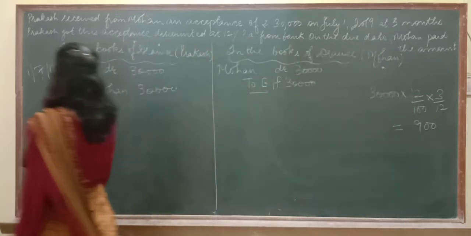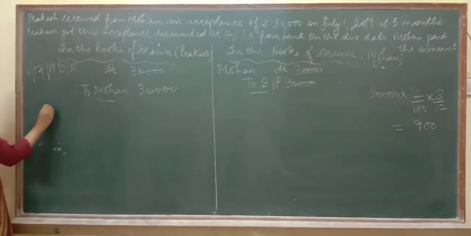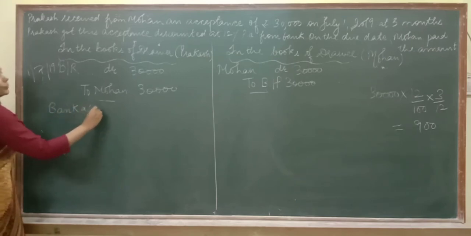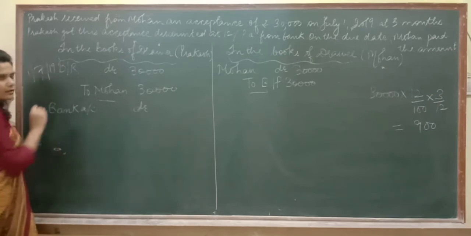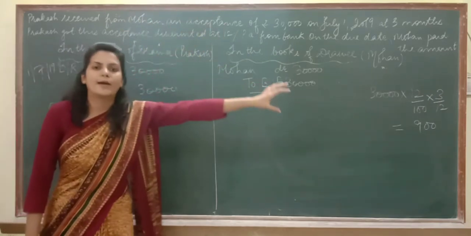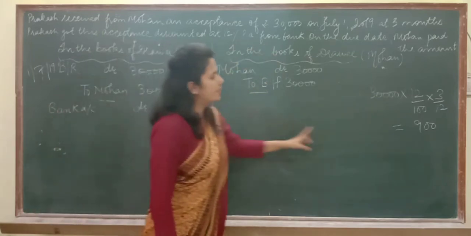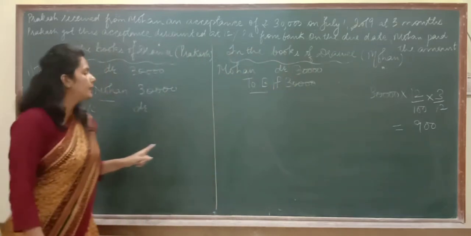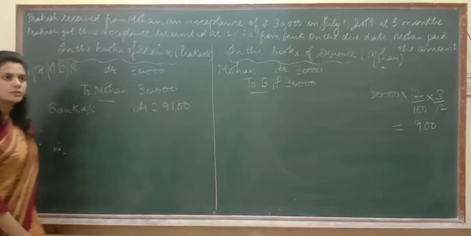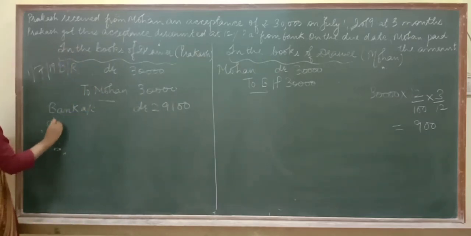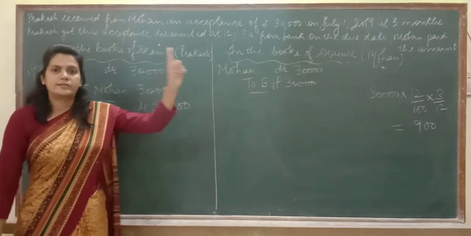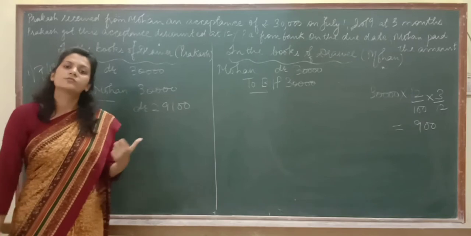Now, as Prakash has given this bill to the bank, the money has come into Prakash's business, so bank account debit. He has given the bill of rupees 30,000 to the bank. Bank has deducted discount of rupees 900. It means bank has given 29,100 to Prakash. Now, see, it is a loss for Prakash, no? Because after giving a bill of rupees 30,000, he is getting only 29,100.